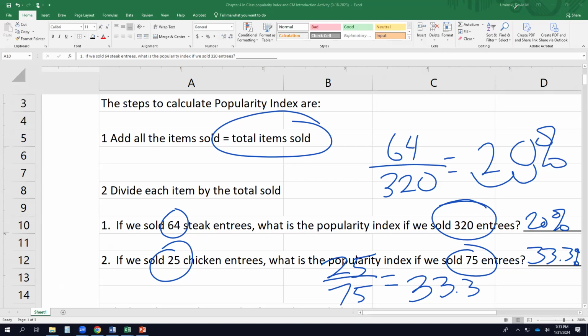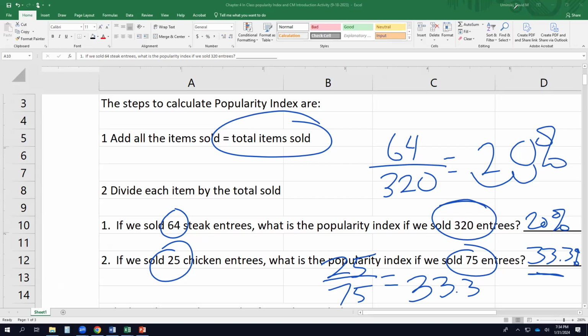So 33.3%. It's really easy for me. Like I said, in business, we like percentages. Yes, 25 is how many chicken I sold, but it's easier for me to see it as 33.3% because I know that 1/3 of our entrees sold were chicken.